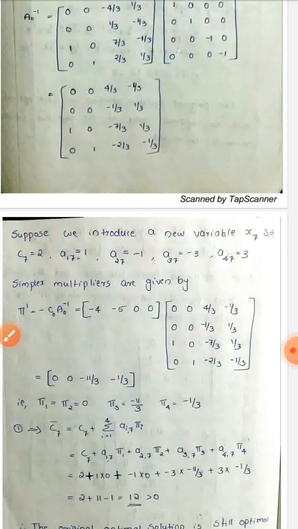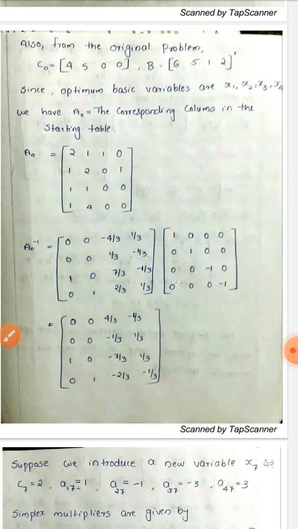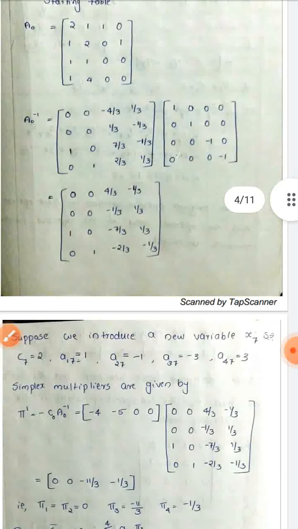Then the simplex multipliers are given by pi dash equal to minus C naught A naught inverse. We have C naught equal to 4500, so minus C naught equal to minus 4500, and we have A naught inverse equal to 0, 0, 4 by 3, minus 1 by 3, 0, 0, minus 1 by 3, 1 by 3, 1, 0, minus 7 by 3, 1 by 3, 0, 1, minus 2 by 3, minus 1 by 3.